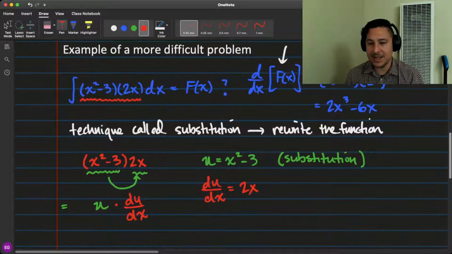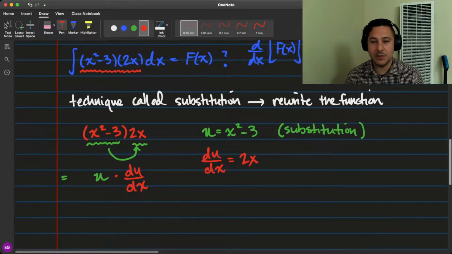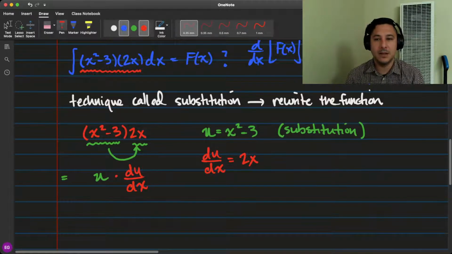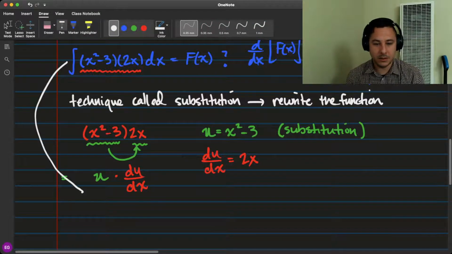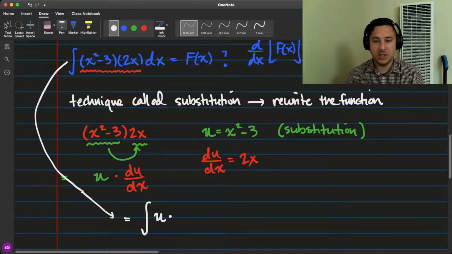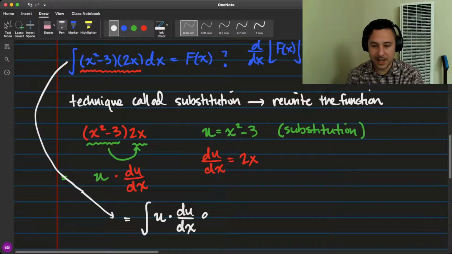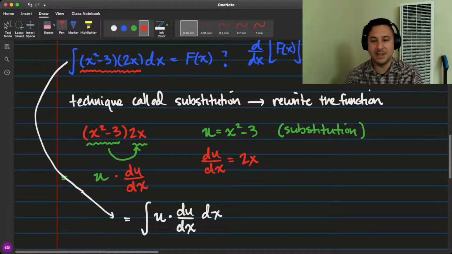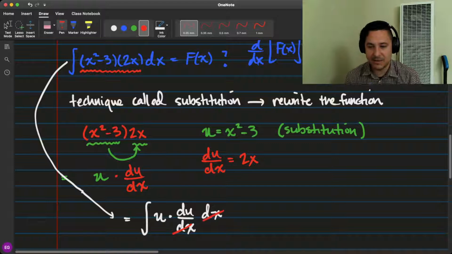So you look at this, the x squared minus 3 times 2x, you can rewrite that as u times du dx. Which means my original integral can be rewritten as the integral: the x squared minus 3 is u, the 2x is du dx, and then you have your dx. And what's sort of cool about this is that you see how these dx's, you can sort of think of them as canceling.